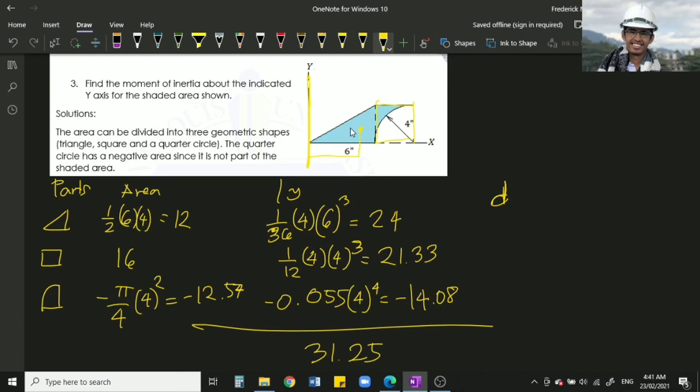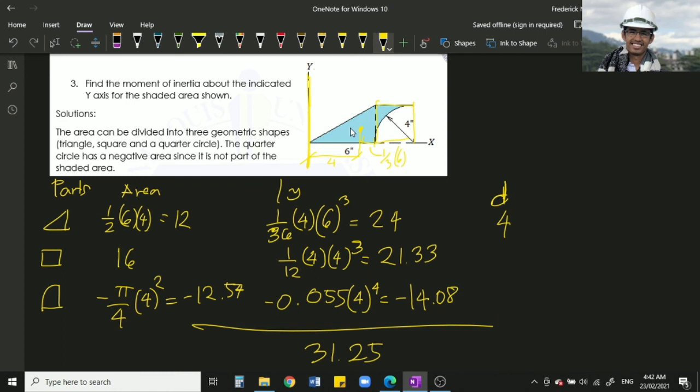So yung distance natin from y-axis, so sabi natin centroid ng triangle is 1/3 ng 6. So yung distance na ito will be 1/3 ng 6. So that will be 2. So 6 minus 2, this will be now 4. So yung sa triangle, that will be 4.